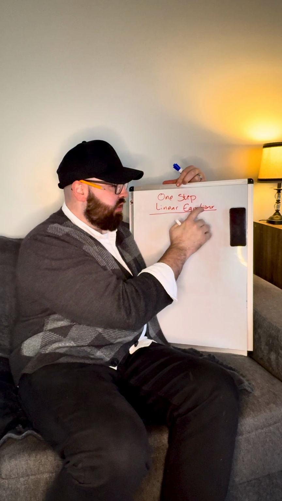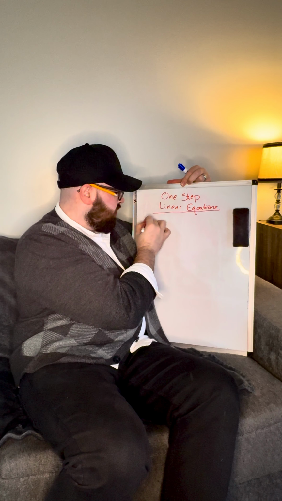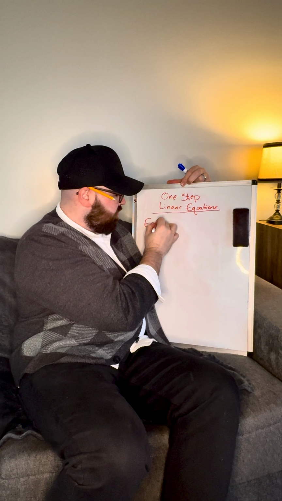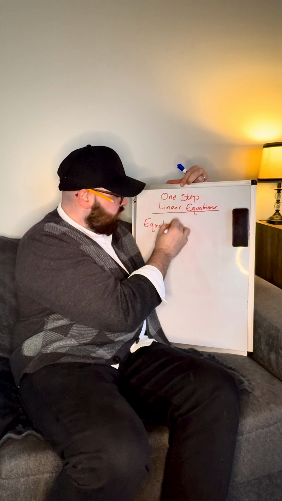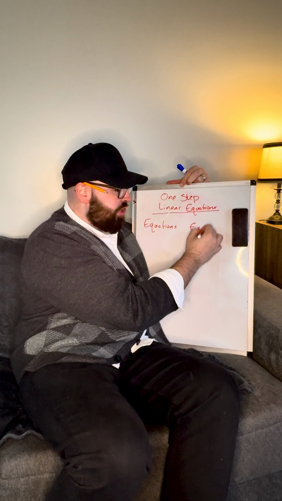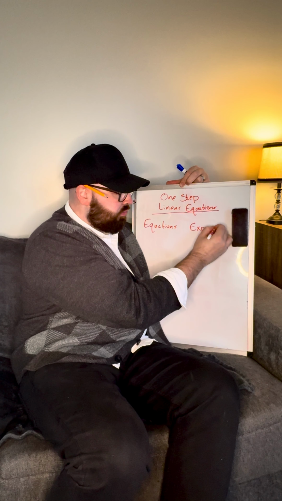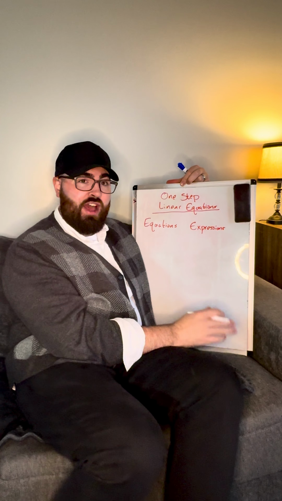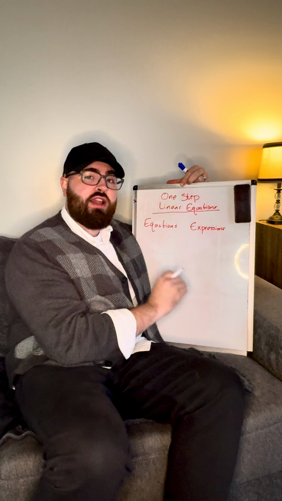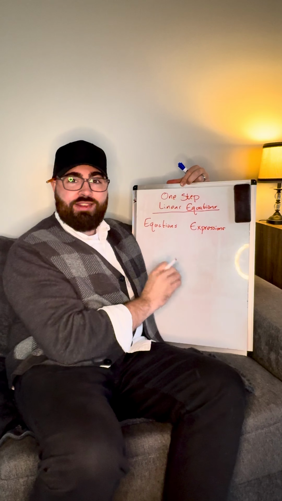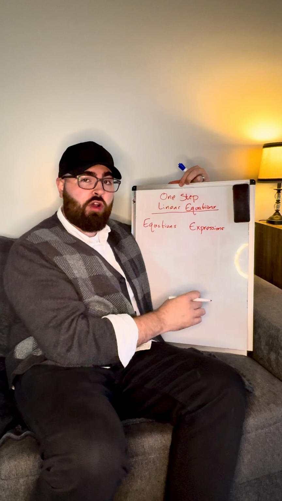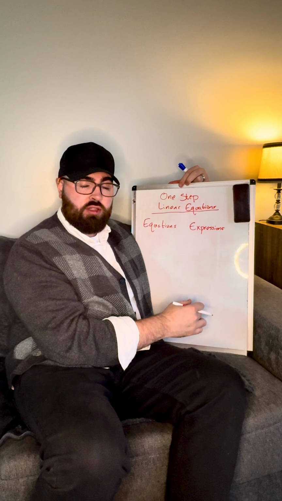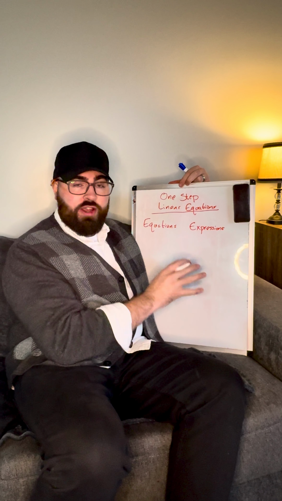All right, so going through that, I want to focus on one really important step first: the difference between the word equations and expressions. Mathematical expressions do not have an equal symbol at the end, so you can't solve for an expression, but you can solve for an equation.